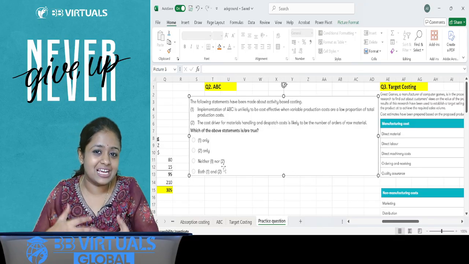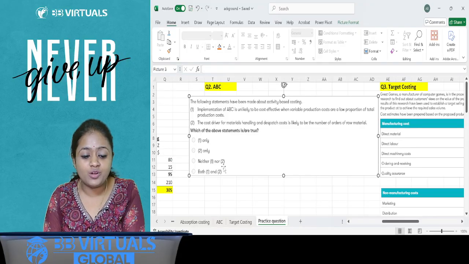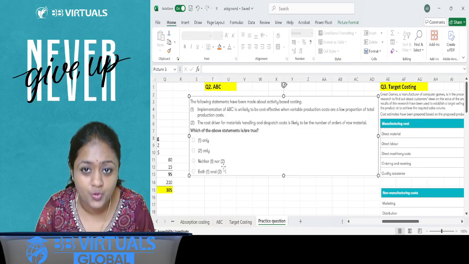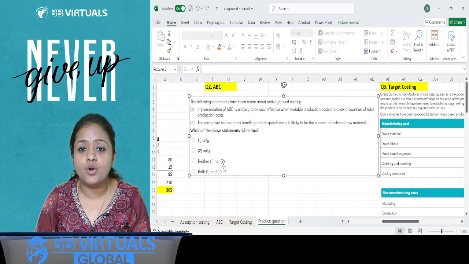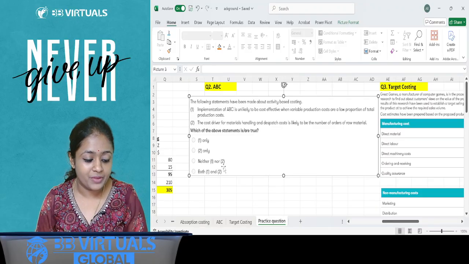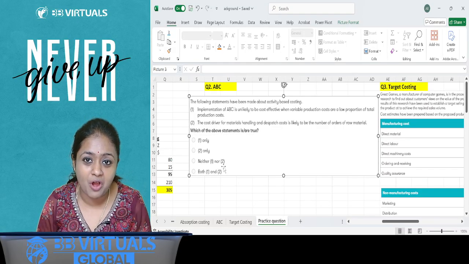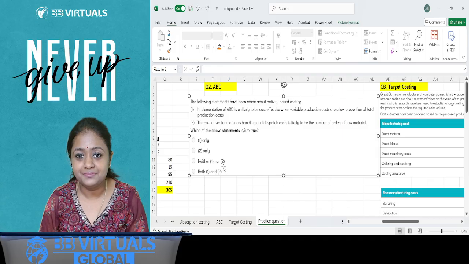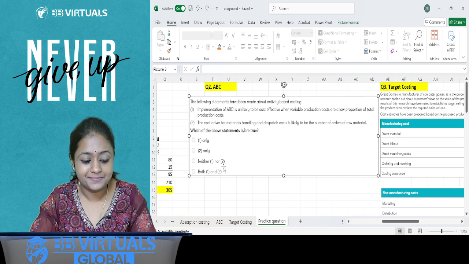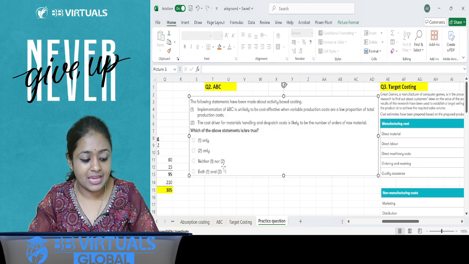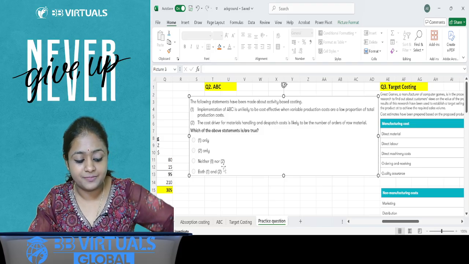We have just discussed this in the example. So now according to you, which statements are true? Only option number 1, only option number 2, or both 1 and 2, or neither 1 nor 2? Can anybody answer it in the chat box? Quickly. Can anyone answer it in the chat box?